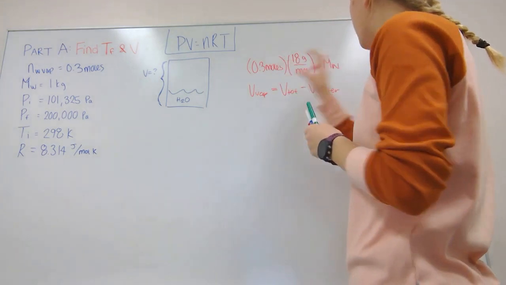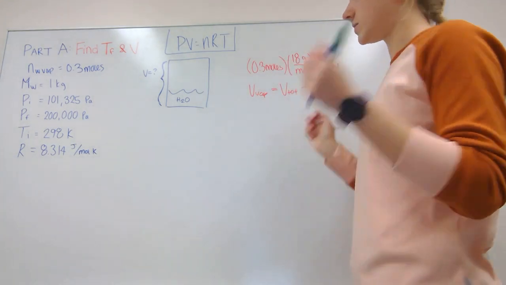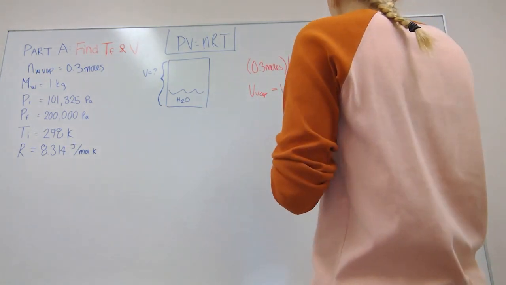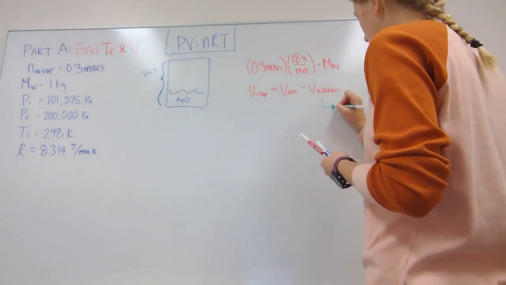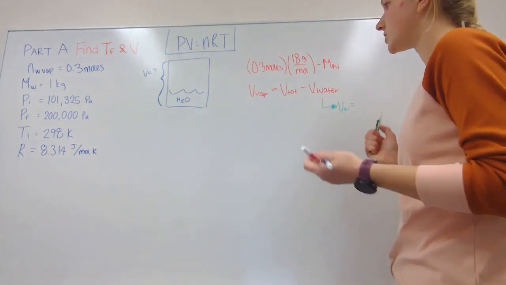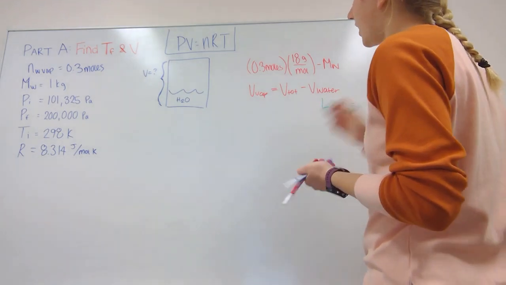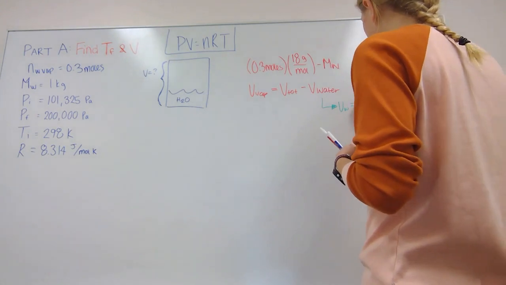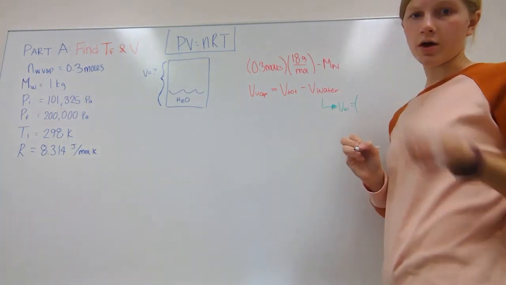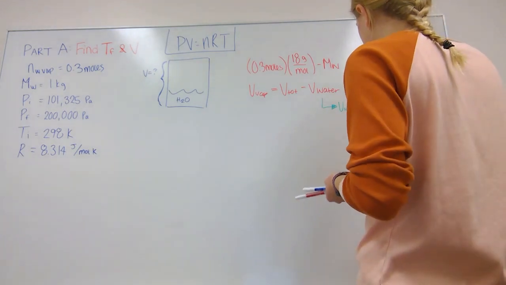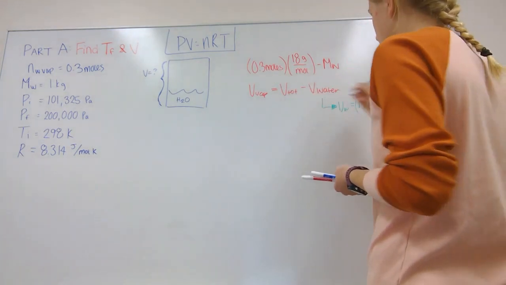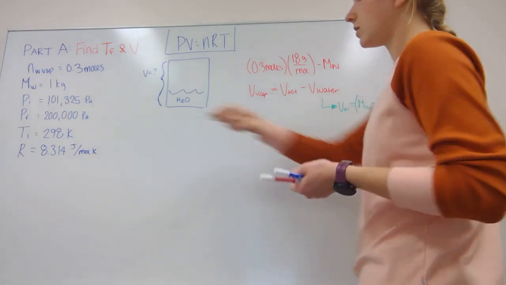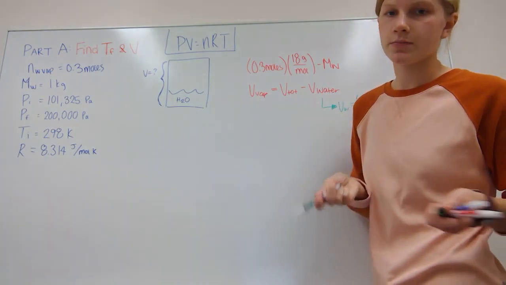So now that we have this set up, we know what the volume of the water is because we can just use our density formula like we did last time. The water is because we can just use our density, but now we need to apply the fact that we want 0.3 moles of water in the vapor phase. So in the end, we're going to have the volume of the water equals the mass minus this 0.3 all divided by the 1,000, 1 kilogram, 1,000 grams.